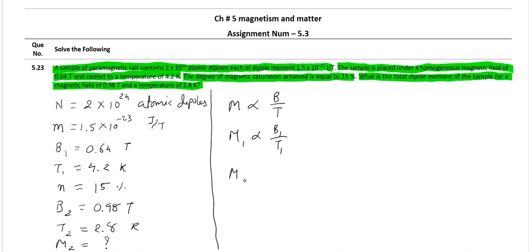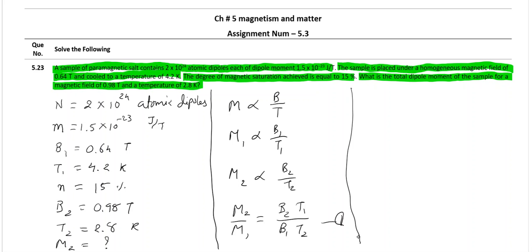And then M2 will be proportional to B2 by T2. So if I take M2 by M1, I'll have B2 T1 upon B1 T2. Let it be equation 1.